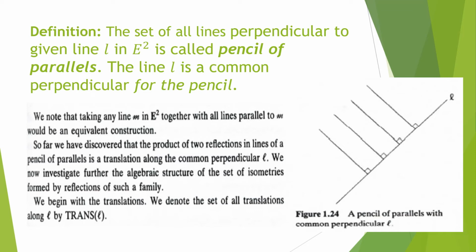We begin with translations. We denote that set of all translations along L by trans of L. So as you can see in the figure on the right, figure 1.24, a pencil of parallels with common perpendicular line L.